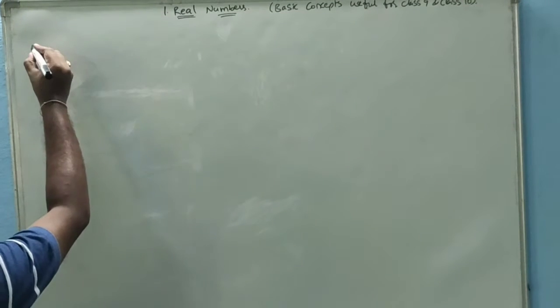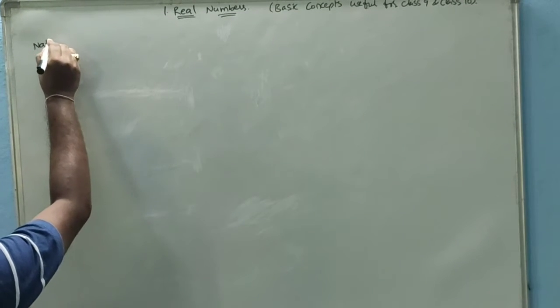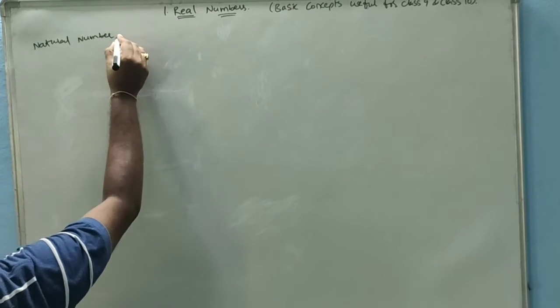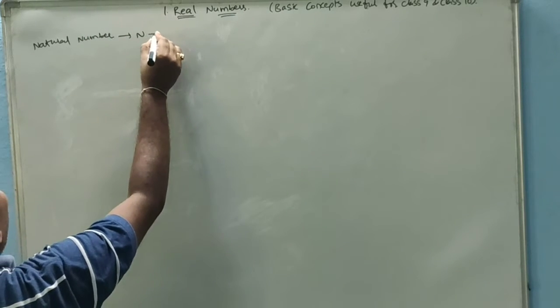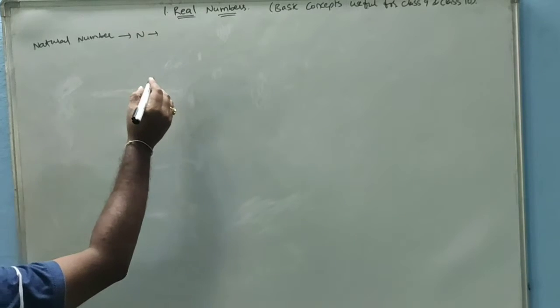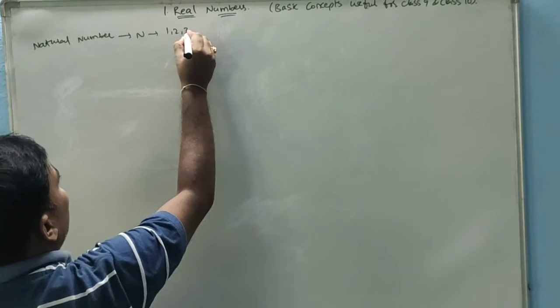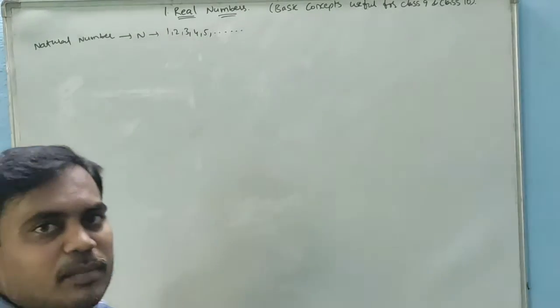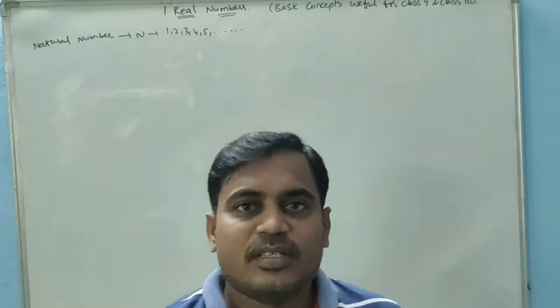The set of natural numbers is denoted with capital N, and the elements in N are 1, 2, 3, 4, 5 and so on. Daily counting numbers are called natural numbers.